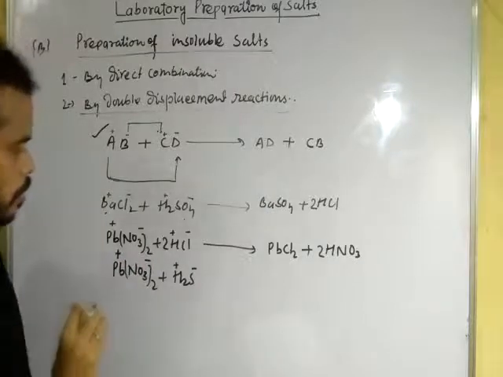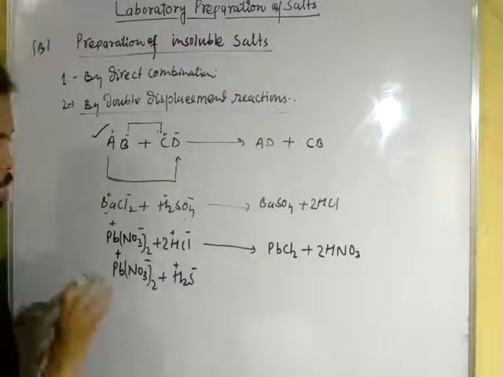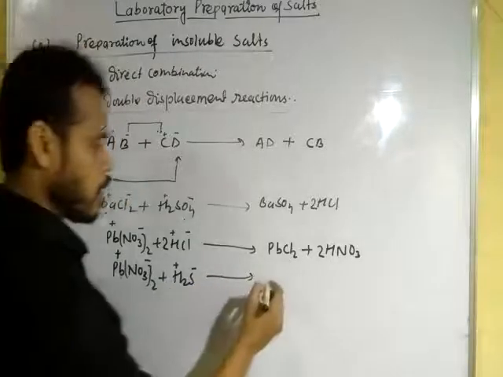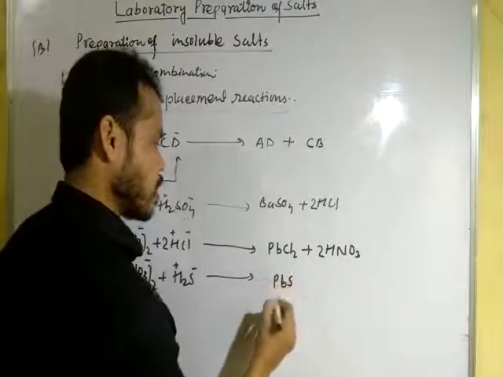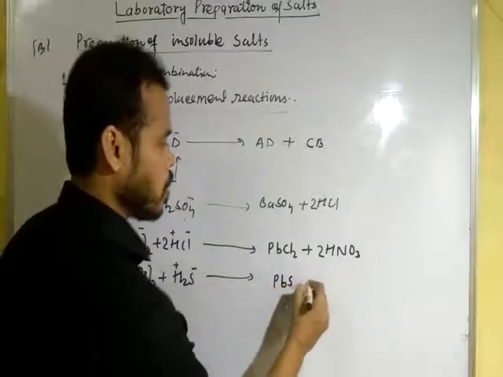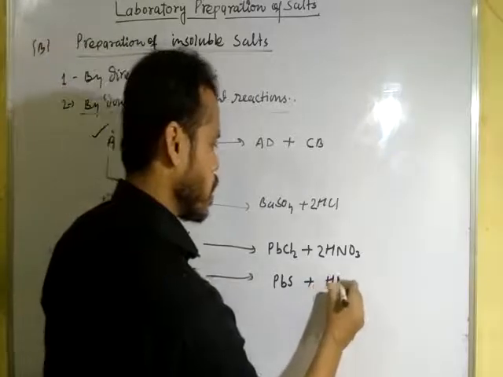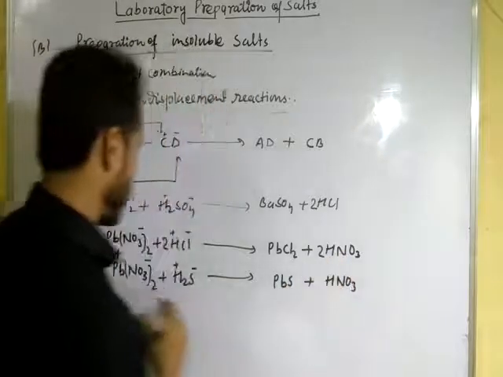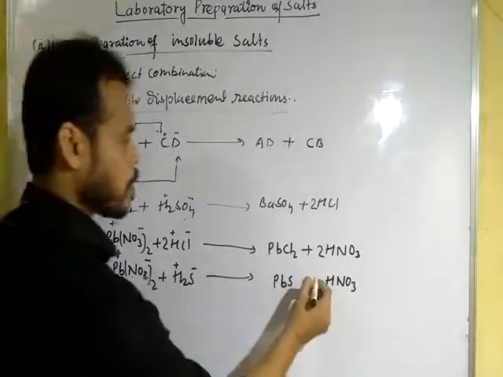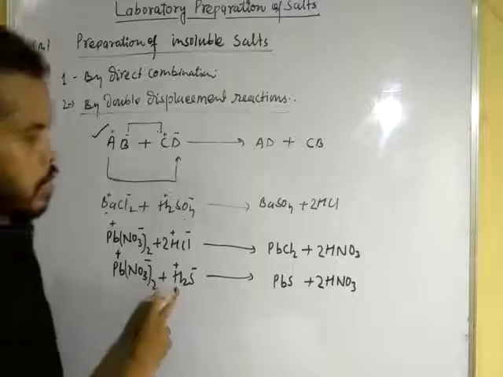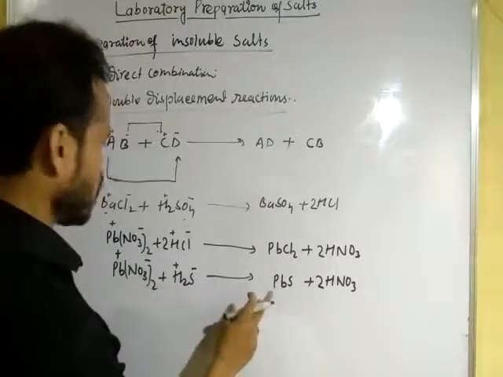Only for simplification I am writing it here, okay, dear student? So lead will combine with sulfur to form lead sulfide, an insoluble salt, and hydrogen with nitrate to form HNO3. Again, to balance the nitrate, multiply by 2, and hydrogen is already 2 atoms. Okay, dear student, this is the balanced reaction.